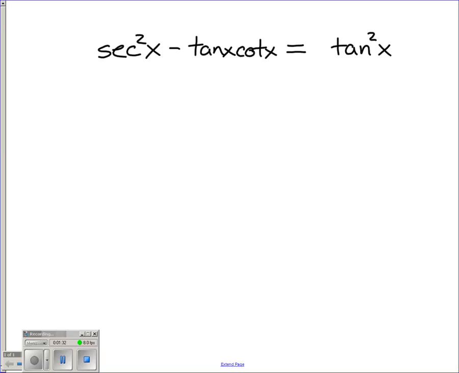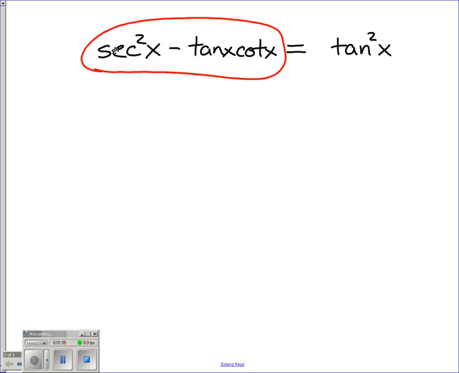Well, the very first thing that we want to do is look at things that we've learned previously. In this case the left-hand side has a whole lot more stuff to it, so this is the side we want to start with, and we want to make it be tangent squared x.